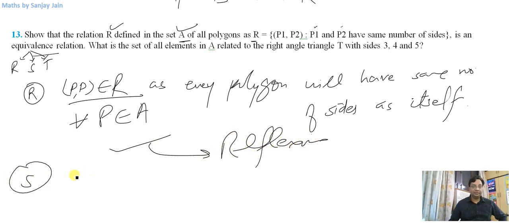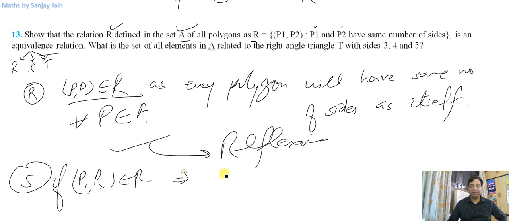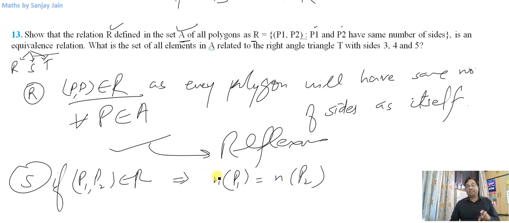Symmetry. If P1 P2 belongs to R, that will mean number of sides of P1 is equal to number of sides of P2. You need to write the complete sentence, that number of sides of P1. I am denoting it by this, but you write the complete sentence, okay?